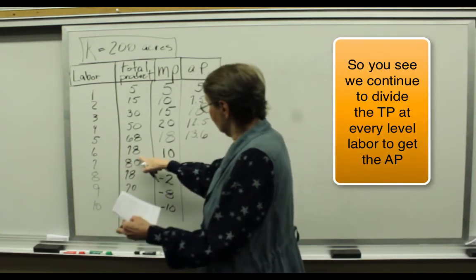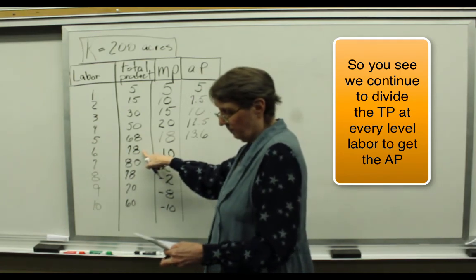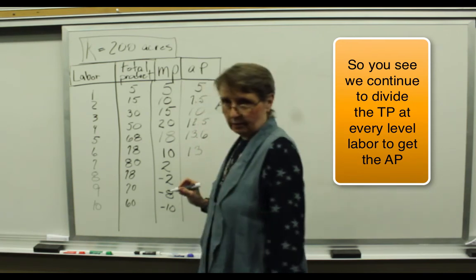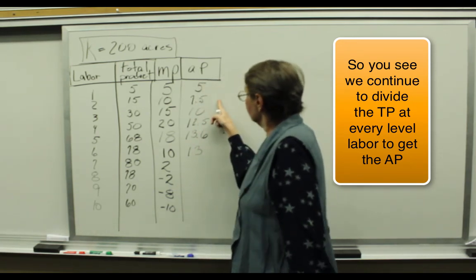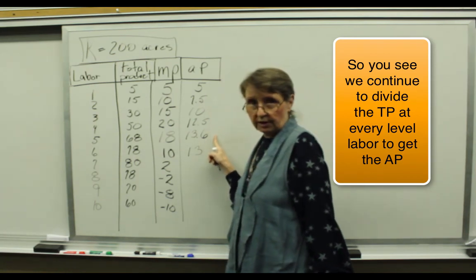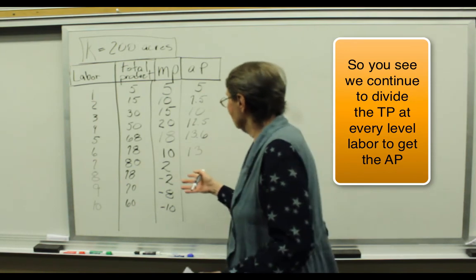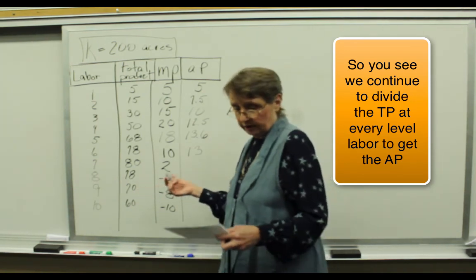If I have 6 workers, I get 78 bales. That is 13 bales per worker. What you will notice is the average productivity of my workforce is increasing, increasing, increasing, and then it starts to decrease. Again, that's not a bad thing. Don't attach negative connotations to that.